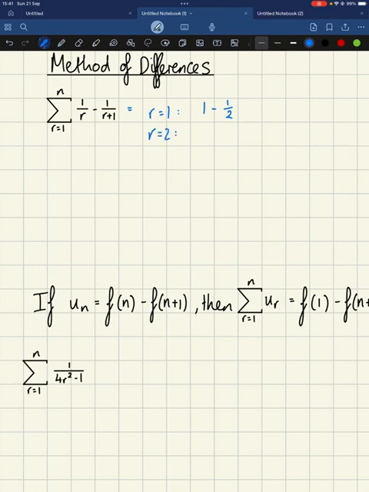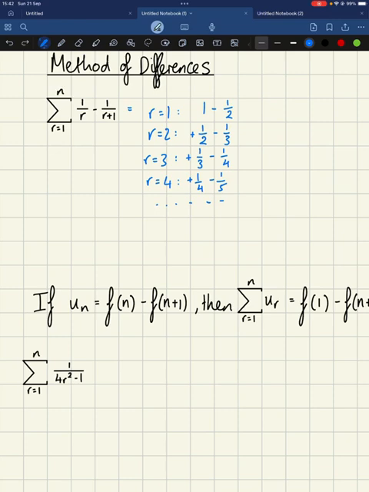When r equals 2, we get 1 over 2, and remember this is positive, because we're adding it since it's a sum, minus 1 over r plus 1, which is 1 over 2 plus 1, a third. When r equals 3, we get positive 1 over 3 minus a quarter. R equals 4, we get positive a quarter minus a fifth. R equals 5, and so on, so we'll just put dot dot dot.